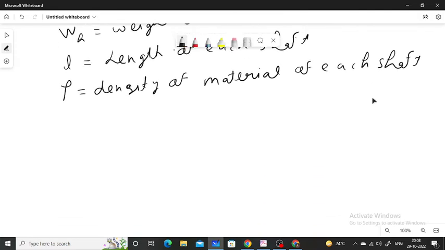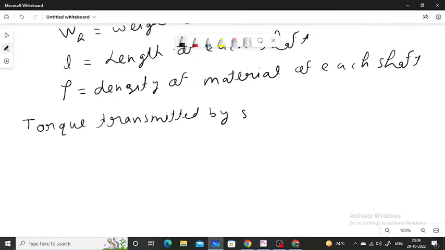Okay. Now, torque transmitted by the solid shaft: T will be equal to pi upon 16 tau d cube.